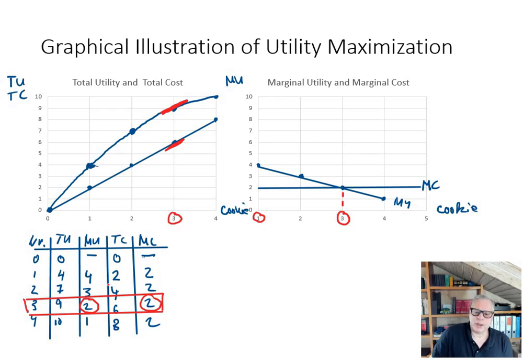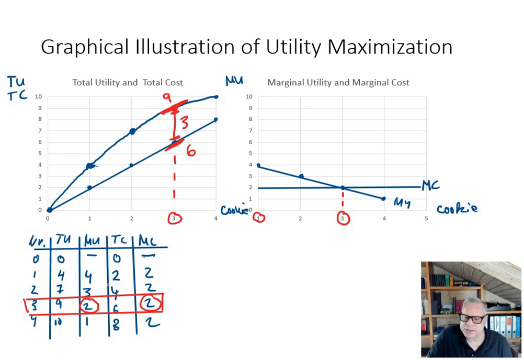So, and at 3 we can see that the total utility is 9. The total cost is 6. That means in total we get utility of 9, but we have to pay 6. That means we net a utility of 3.